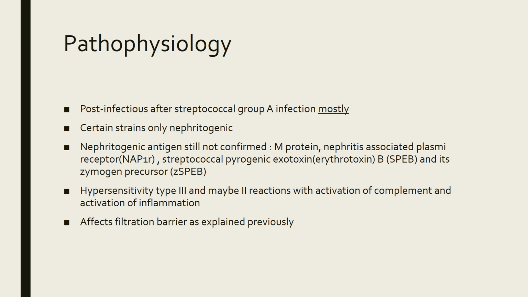So remember, the glomerular basement membrane has anionic sialic groups that repel negative molecules. So if you have a positive molecule, your antigen will be able to traverse the glomerular basement membrane more easily. And that will be because the body has formed antibodies against that particular antigen.